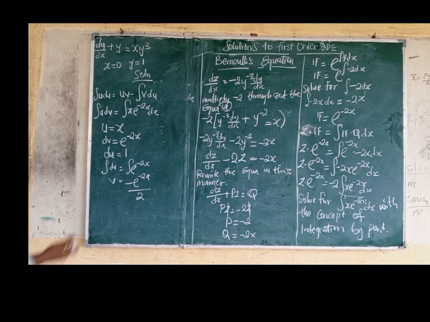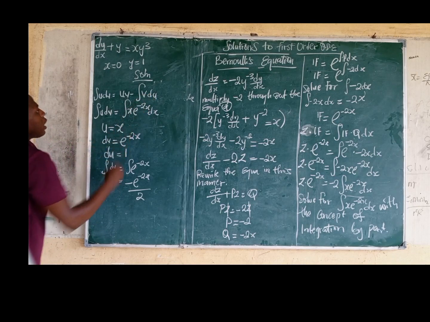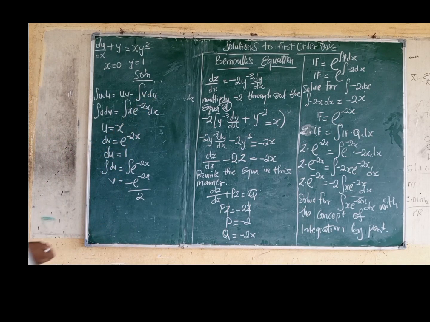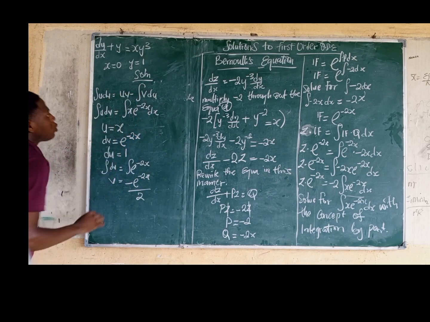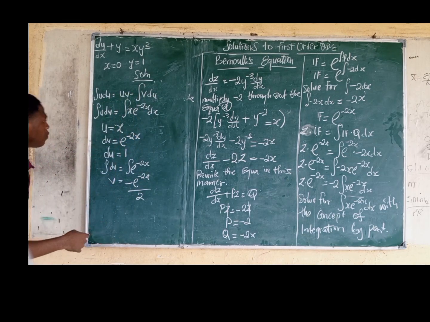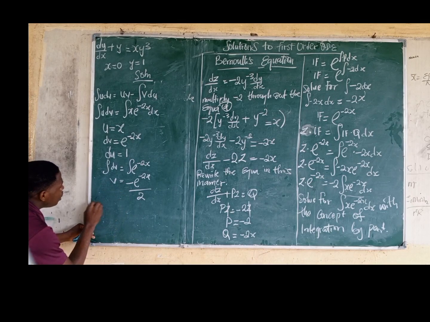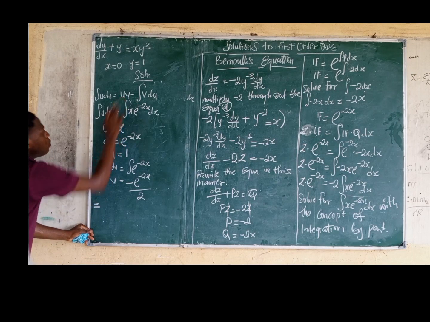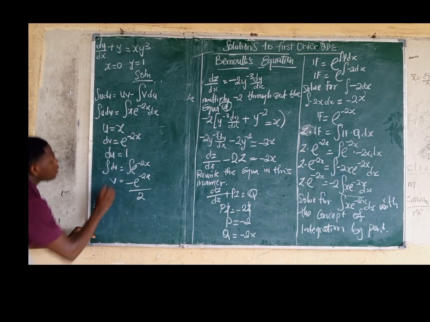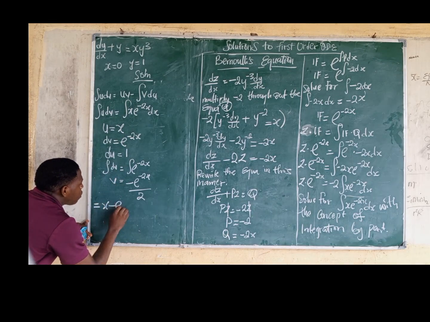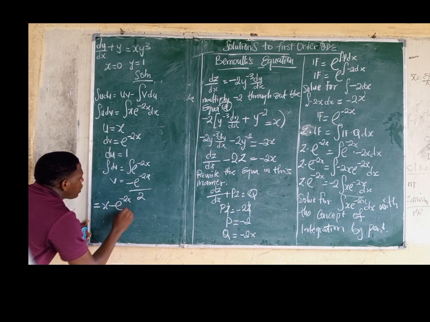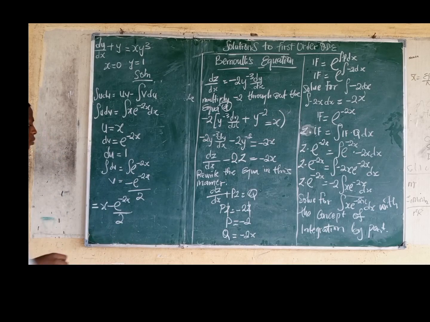Now, we've gotten our u, our v, our du, and our dv. What do you do? Substitute your known parameters into our equation to get the unknown. This is equal to, what is our u? Our u is x. What is our v? Our v is minus e^(-2x) over 2.